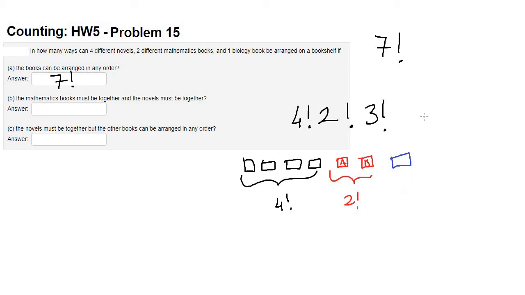And the last spot here is the biology book, and the biology book can be either in this position, in here, or at the beginning. So those separators can be the position of the biology book. So the biology book plus those bundles together make 3 books. 1, 2, 3. So that's 3 factorial.